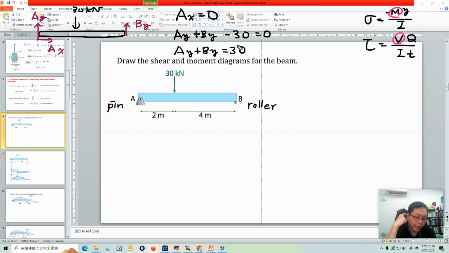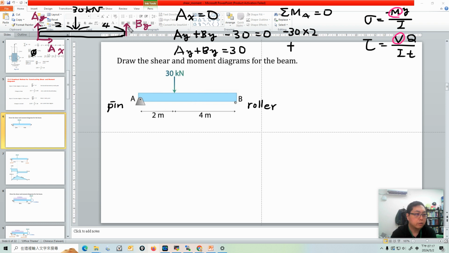Right now we cannot solve for AY and BY because we only have one equation. Do we have another equation? Yes. If we use A as the reference point, let's use the summation of moments about A equal to zero. The 30 kilonewton force points down at a distance of 2, and it creates a clockwise rotation about A, which is negative, so minus 30 times 2.